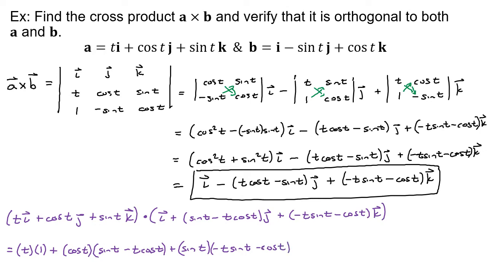And so what will happen is if you multiply these things out, all of this stuff should cancel. This will be t, sine t cosine t, minus t cosine squared t, minus t sine squared t, minus sine t cosine t.